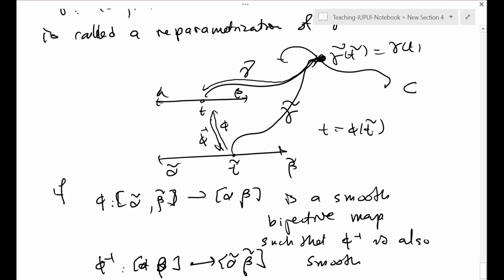And conversely, given t, you go from t to the point on the curve, then you go back to the interval alpha tilde and beta tilde. So actually you define a bijective map, but we have to assume that it's smooth.